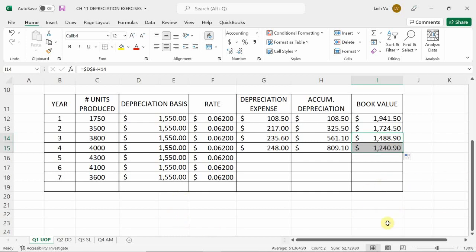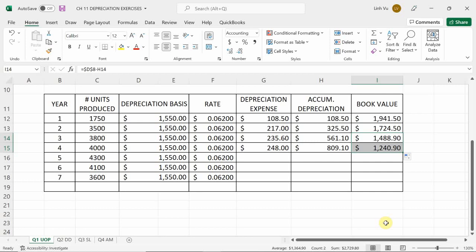It should be 1240.90, not 41.5. Maybe it's because these are all rounded numbers.